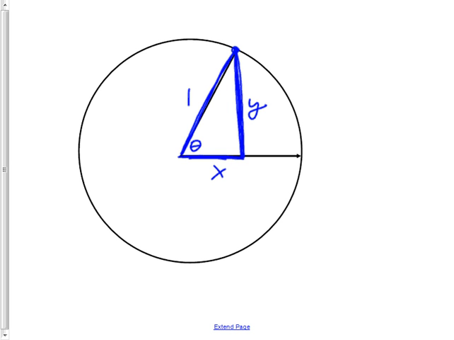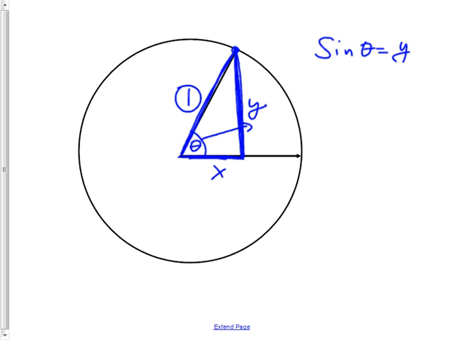Now, would you agree that sine of any angle is the opposite over the hypotenuse? Then sine of this angle is the opposite over the hypotenuse, y over 1, which since our radius is just 1, is just y.